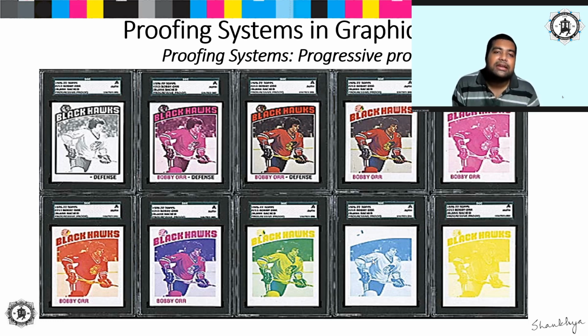So that we can get an idea about individual plates and the prints that we are getting out of those plates, and correct if certain modifications need to be done. So such successive, multiple proofs, where there are a minimum of 7 sheets, either a single color or a combination of colors, are known as your progressive proofs.